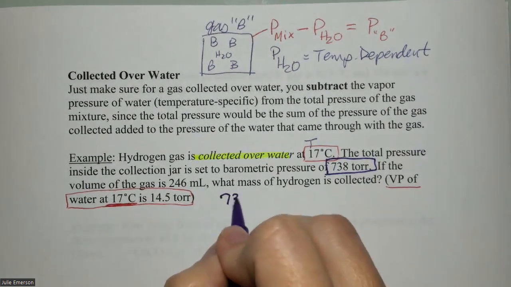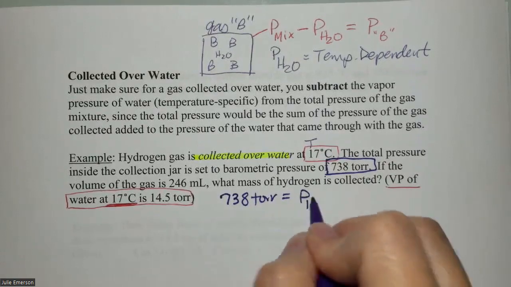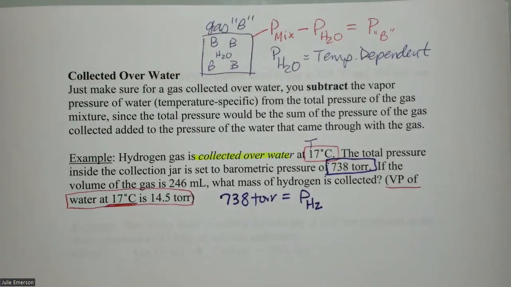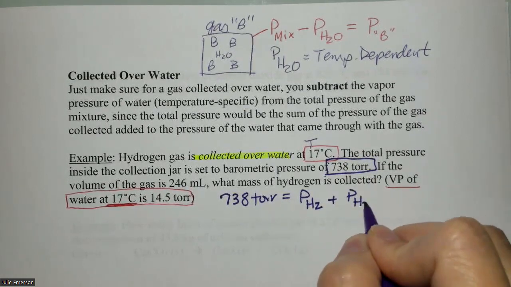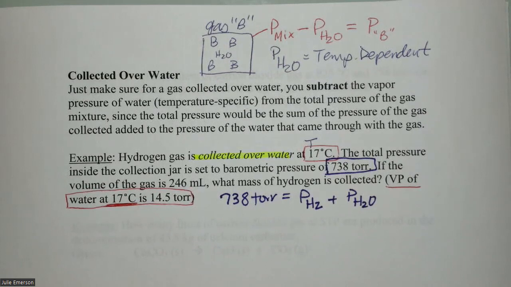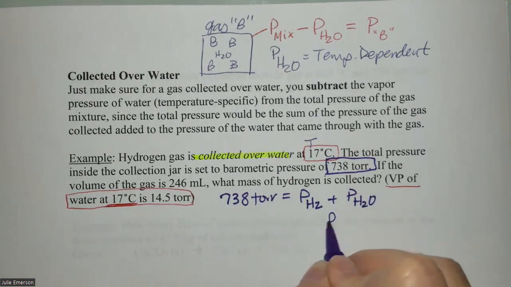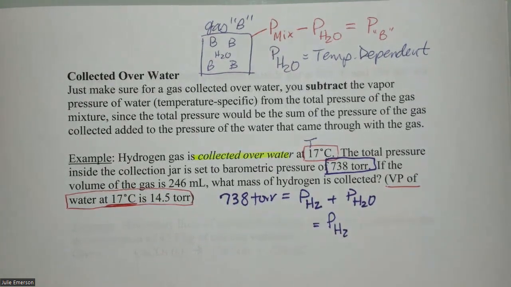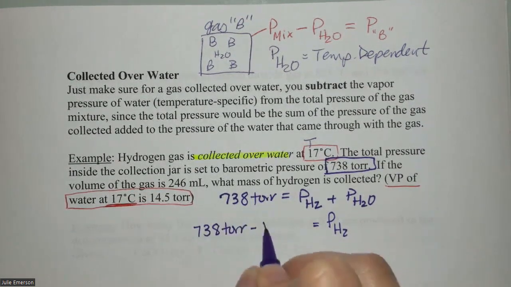That 738 torr is equal to the pressure of the hydrogen gas that I've collected and a little bit of pressure of water, those trapped water molecules that bubbled up with it. So in order for me to find the pressure of just the hydrogen, I need to do a little subtraction step. I'm going to take the 738 torr and minus the vapor pressure of water.